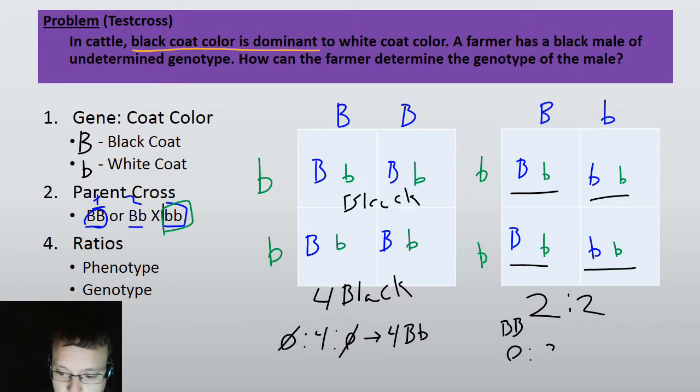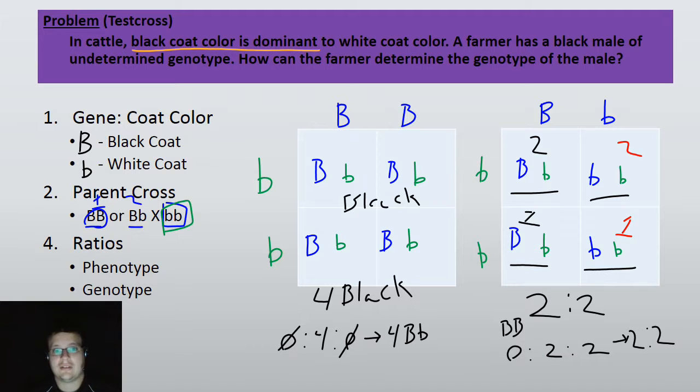We have 2 heterozygous, which is here, 1, 2. And then we have 2 homozygous recessive, which are here, 1, 2. And again, you can write that out being 2 to 2. You can just reduce that.